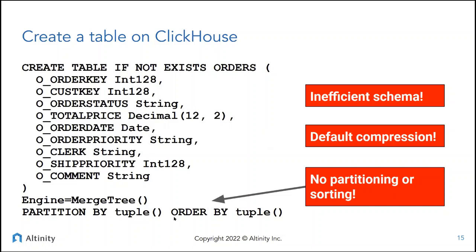And then also define how they're ordered, using order by, which also defines what's called a primary key sparse index that can help you find stuff based on the row order. So we're not going to specify any of these things, and we're just going to dump the data into ClickHouse. What we'll then do is fix it up in just a couple of minutes so that it's more efficient.